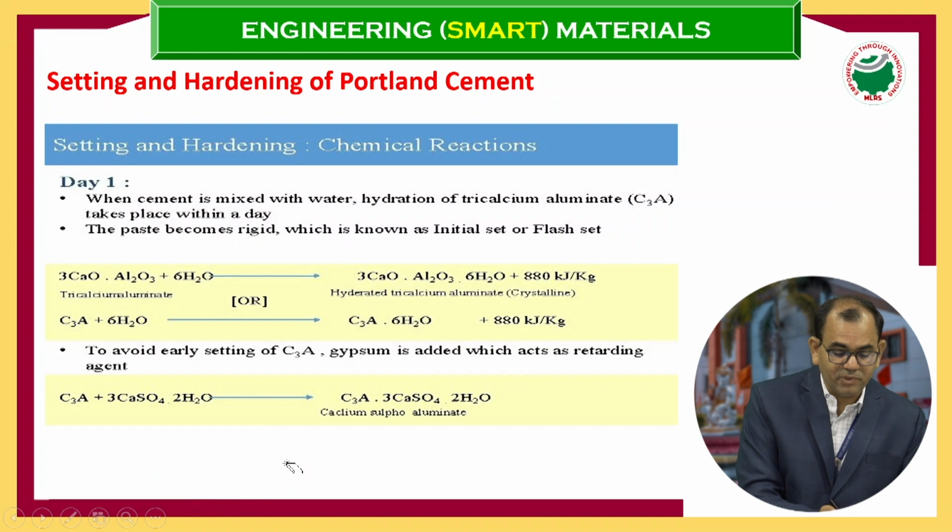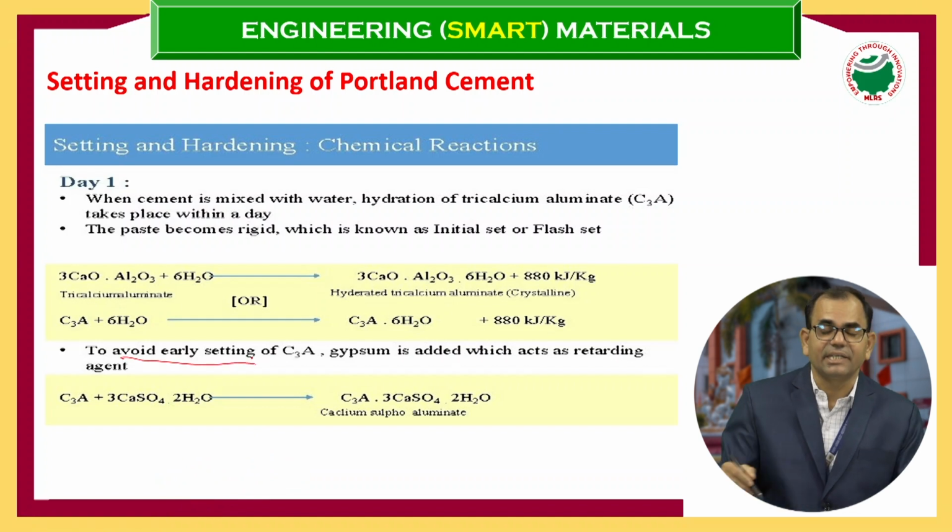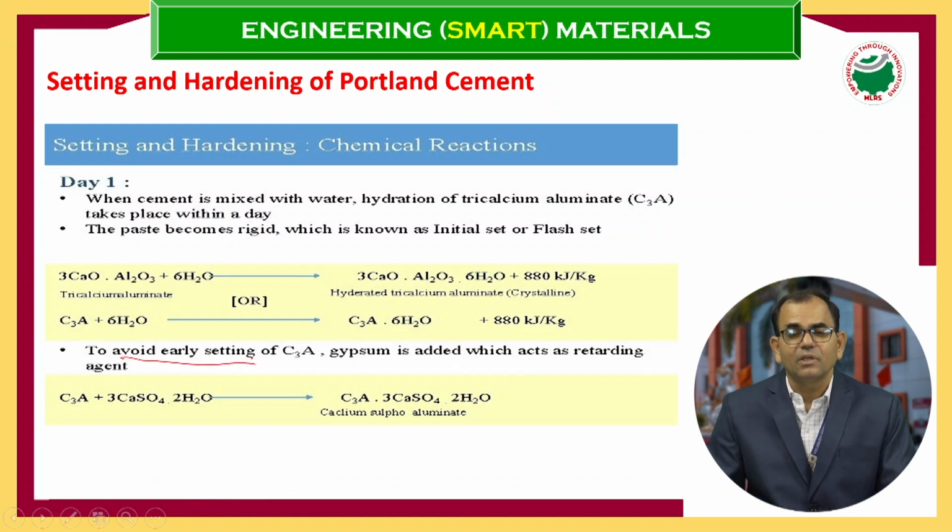Why are we adding gypsum? To avoid early setting. Early setting means faster or very quick hardening or concrete formation. Why? Because if it is becoming hard very quickly, then we may not use the cement properly for slabs and construction of walls, bridges.